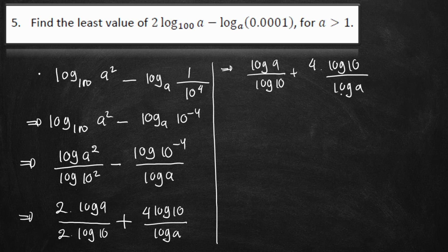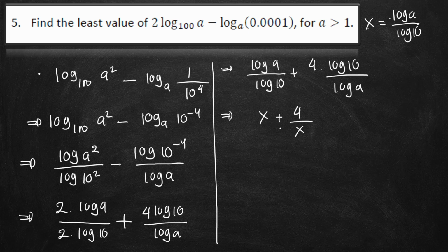So what is the question? The question is find the least value. So now I will simplify this one by using, let's say x equals log a over log 10. Then you can change this one to become x plus 4 over x.